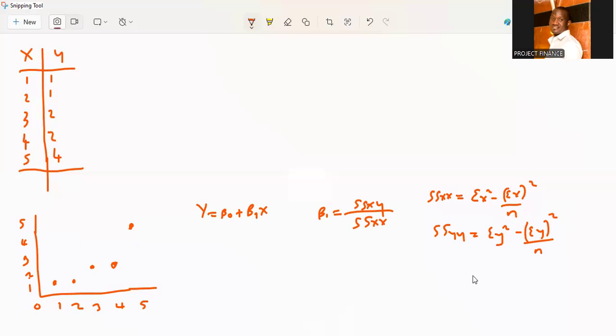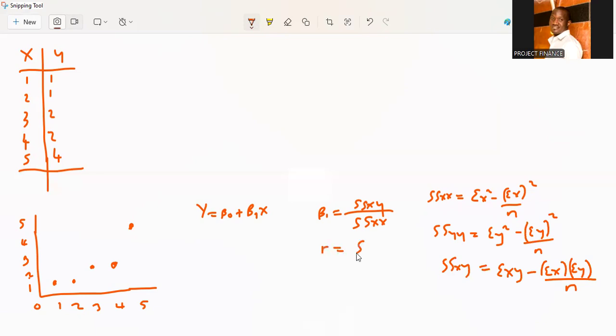What is the sum of squares xy? Sum of squares xy is given by the summation of xy minus the summation of x times the summation of y, all over n. So how do we find the b, which is the slope? It's xy over xx. How do we find our r?